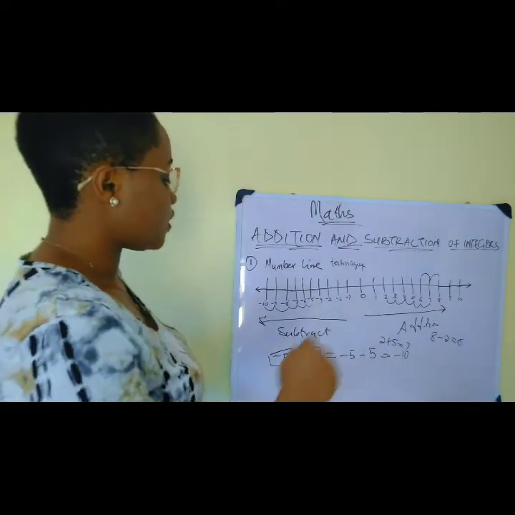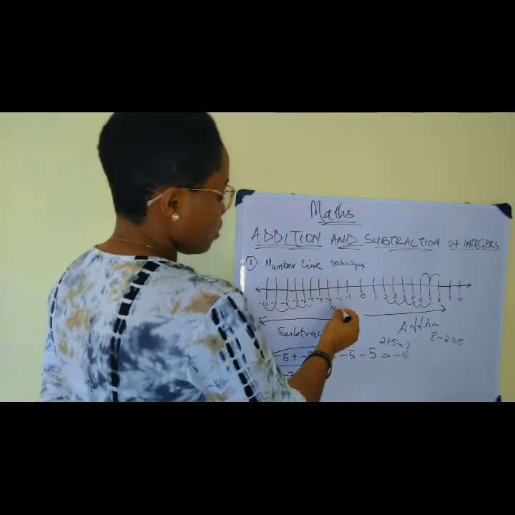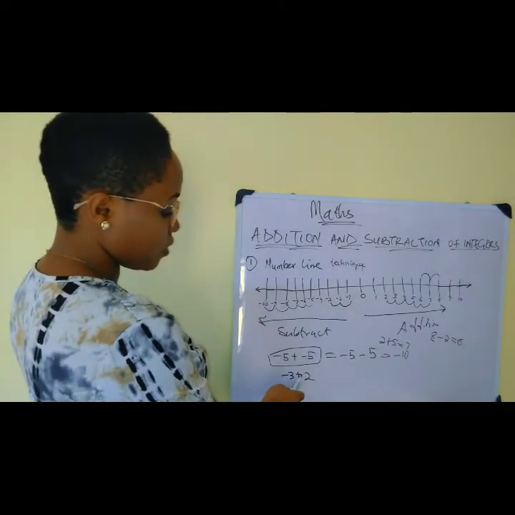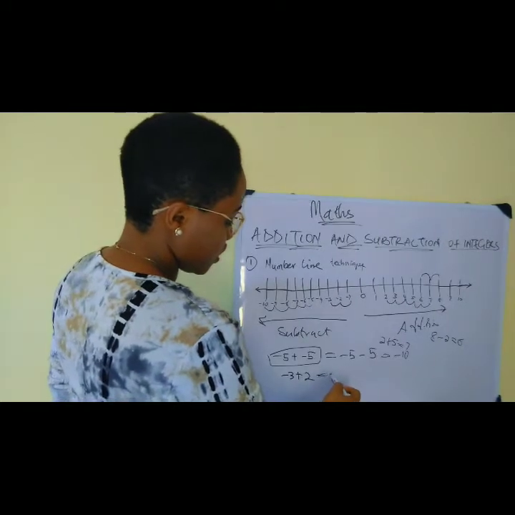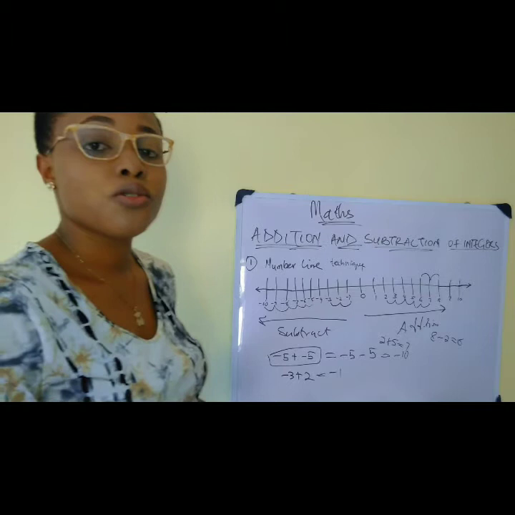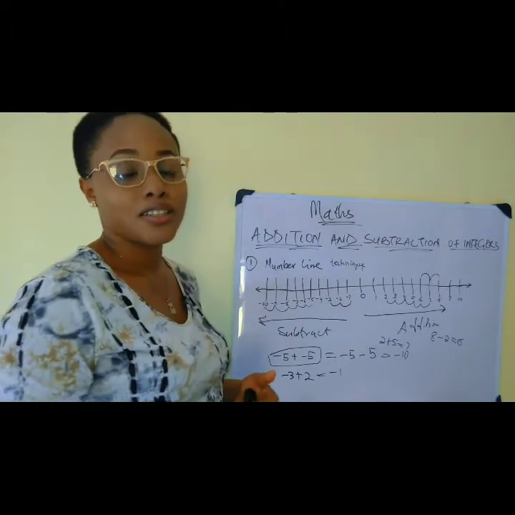So this is negative 3. Addition, you go right. So you count 1, 2. Negative 3 plus 2 from our number line is giving us a negative 1. So this is how you can use number line to add and subtract integers.